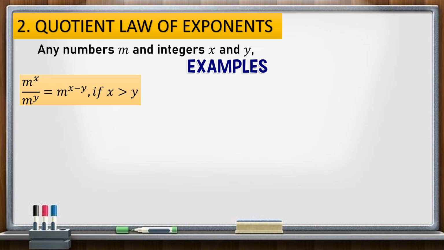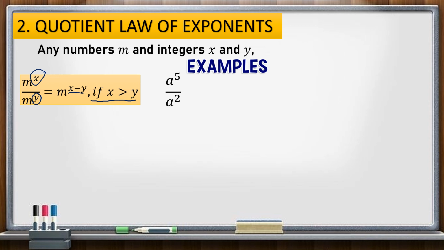Let's have the first case wherein m raised to x divided by m raised to y is equal to m raised to x minus y if x is greater than y. Ibig sabihin po, kapag ganyan, tingnan ninyo muna ang exponent ng inyong numerator. Kapag ang exponent ng ating numerator ay mas malaki sa exponent ng ating denominator, we will just simply subtract their exponents.